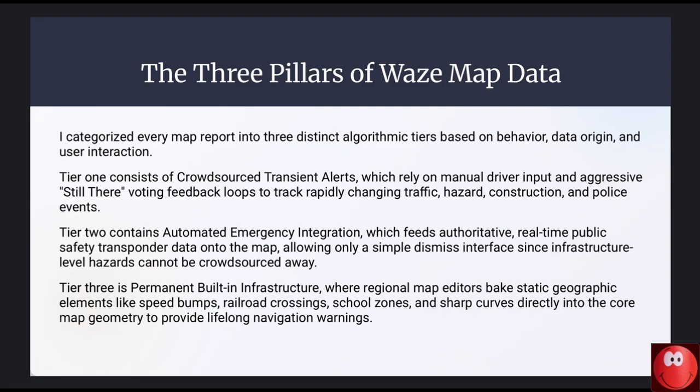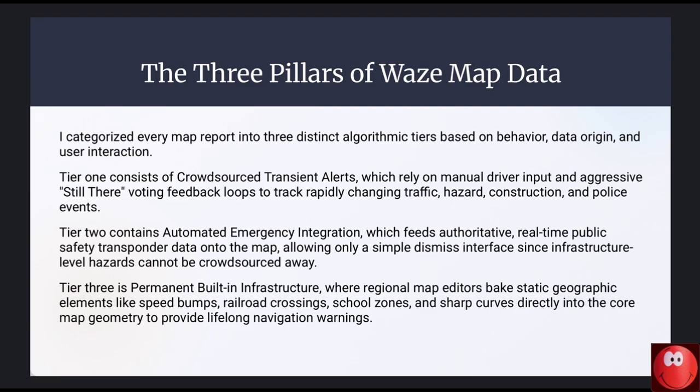Second are emergency calls, which represent high priority public safety metrics. These alerts, like active moving ambulances, sudden road closures, roadside help requests, high risk crash zones, and crisis evacuation alerts, are fed to Waze via official digital transponders and state data feeds.